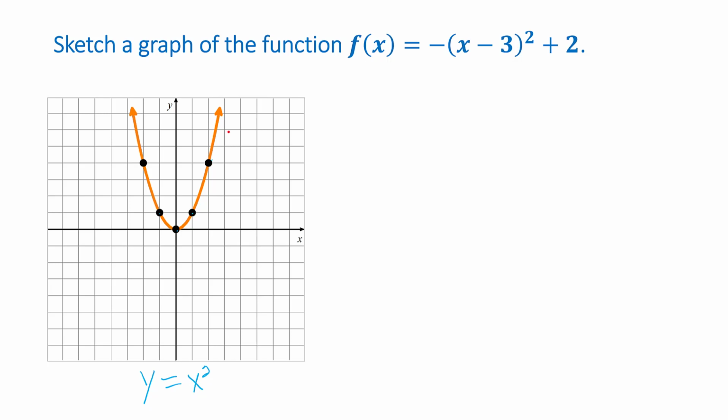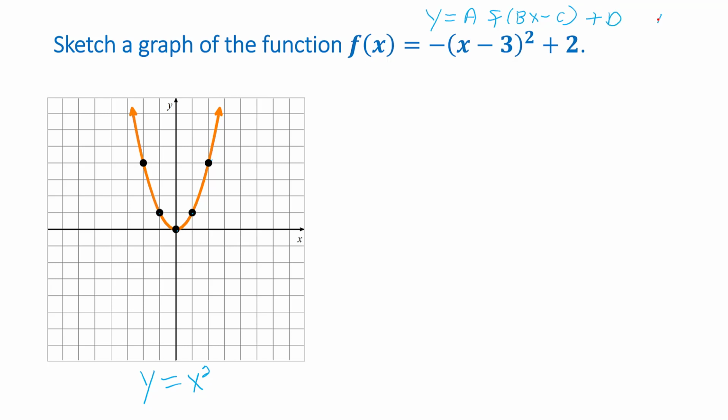And from here, remember our guide that we were given here, y equals af(bx - c) + d. Let's identify a, b, c, and d here.